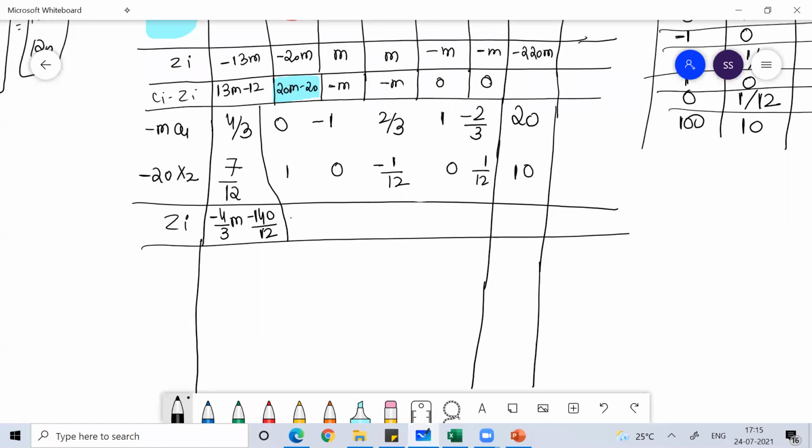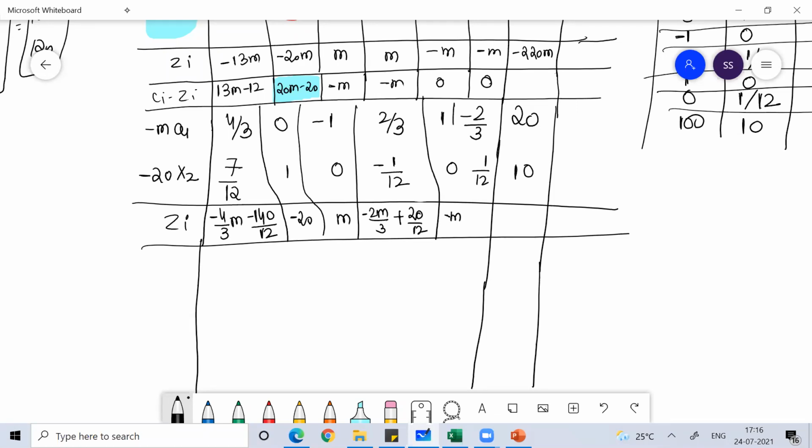Next one is minus 20. Then next is M. Then this is minus 2 by 3 minus 2M by 3 plus 10 plus 5 by 3, or let it be 20 by 12. Everything over 12, so keep writing them like this.